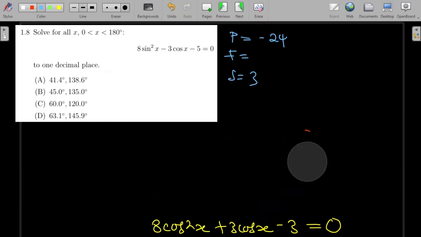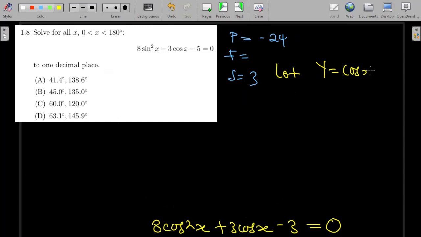Because we're solving for x, we're going to say let y be equal to cos x. So the equation will just be 8y squared plus 3y minus 3 is equal to 0.